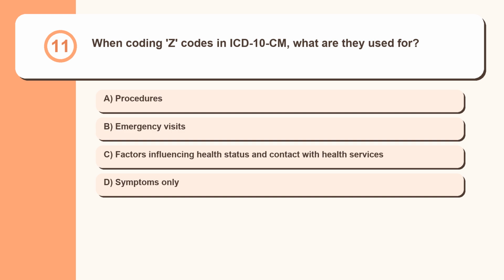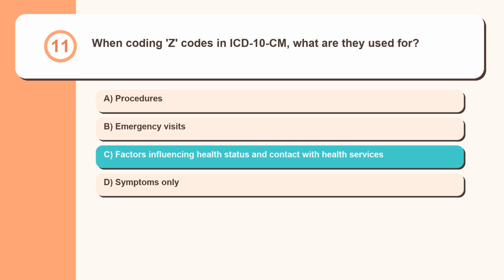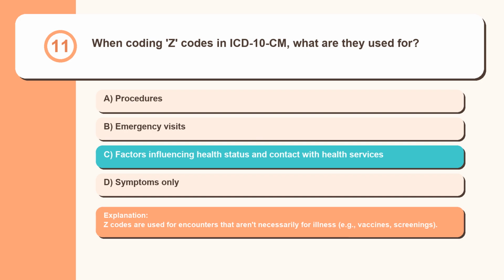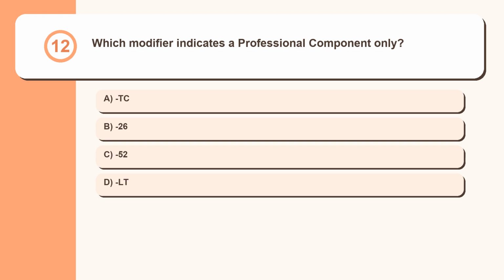Question 11. When coding Z codes in ICD-10-CM, what are they used for? Procedures, emergency visits, factors influencing health status and contact with health services, symptoms only. Z codes are used for encounters that aren't necessarily for illness, for example vaccines and screenings. Question 12. Which modifier indicates a professional component only?